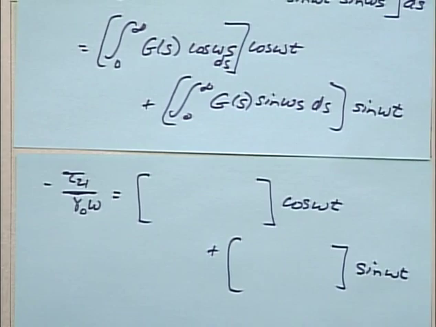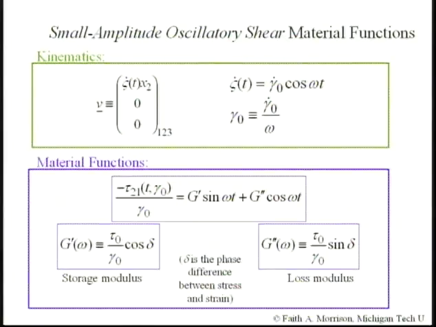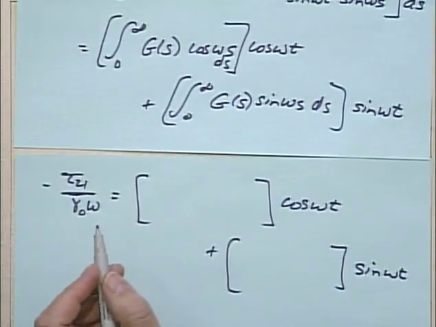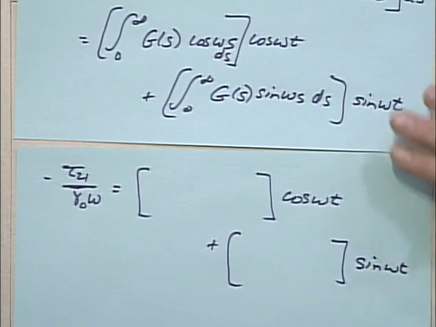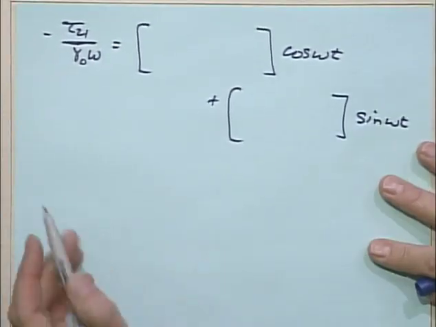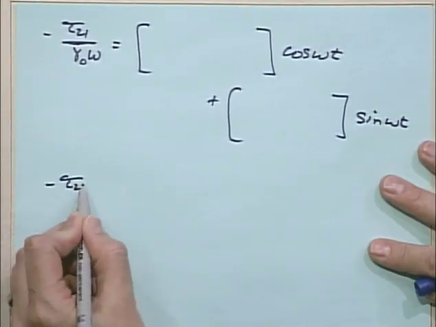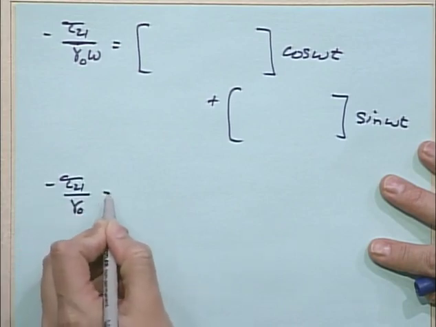When I compare that, this first something with the cosine, that must be g double prime. Or almost, because my left-hand side is minus tau 2,1 over gamma naught. So I need to move the omega off to the left. So what I really want on the left-hand side there is minus tau 2,1 over gamma naught.